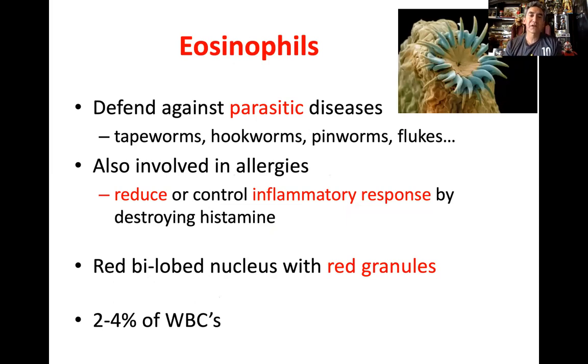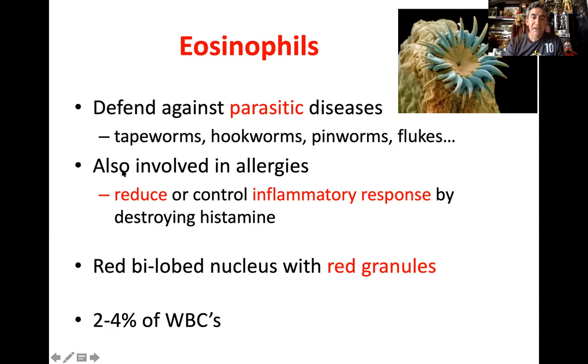So eosinophils are basically our parasitic infection responders. If we are unfortunate enough to be infected with some sort of tapeworm, if we ingest some food with tapeworms, hookworms, pinworms, flukes, some of these large internal intestinal parasites, that triggers the response of the eosinophils.